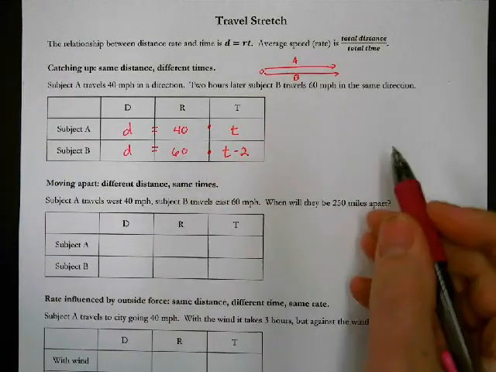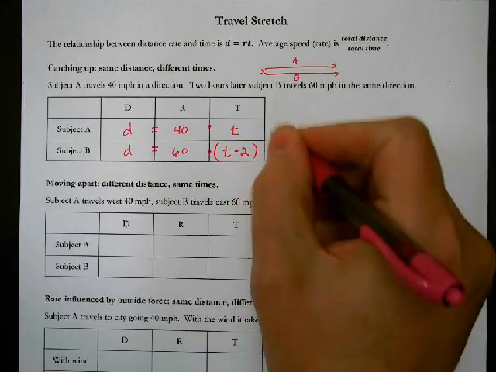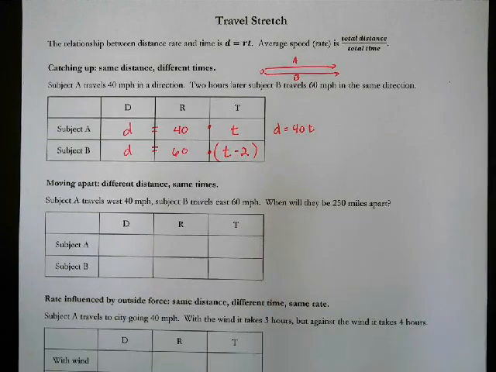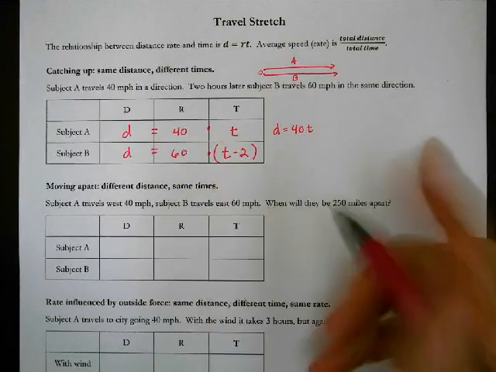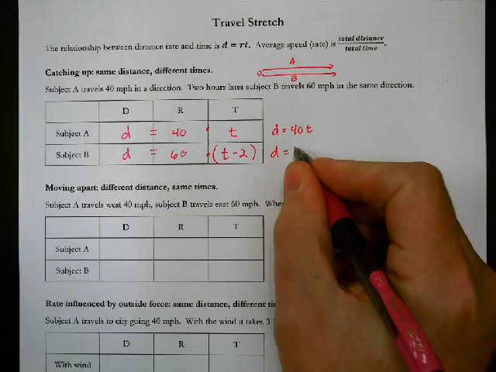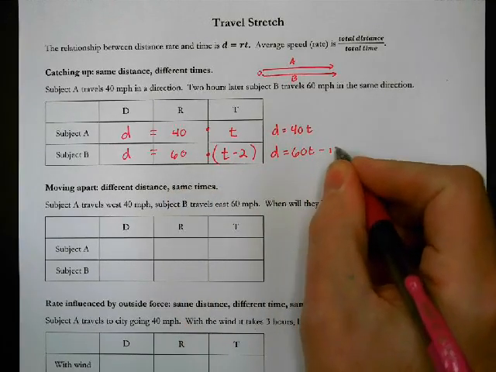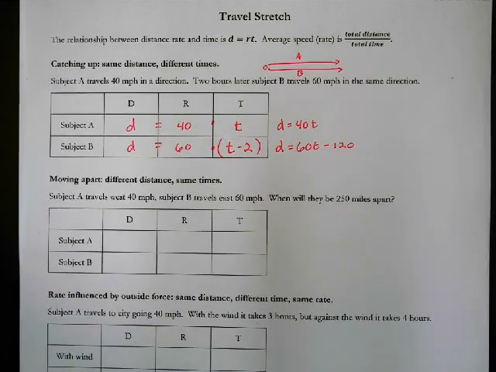Okay, and then we've got two equations here. We've got d equals 40t. And we've got d equals 60 times (t minus 2), so we'd need to distribute that. That would be d equals 60t, and then 60 times negative 2 is negative 120. Okay, so we have two equations with two variables.